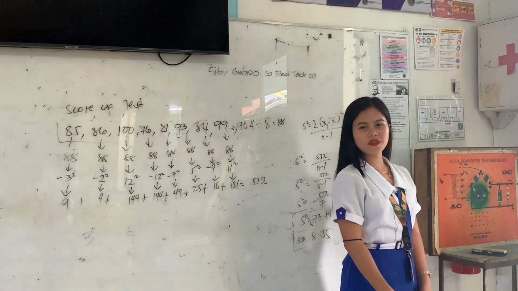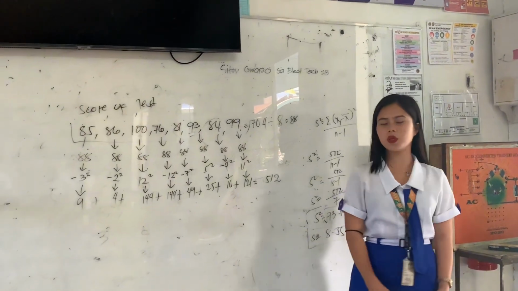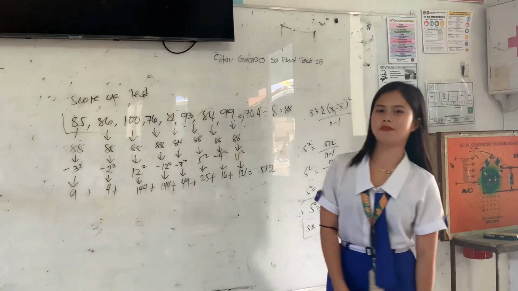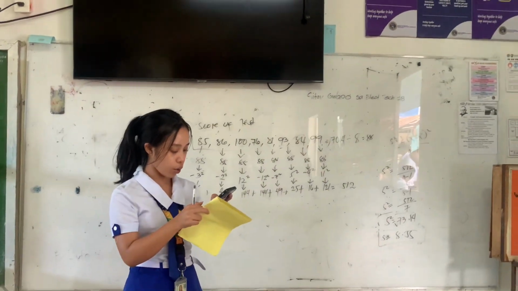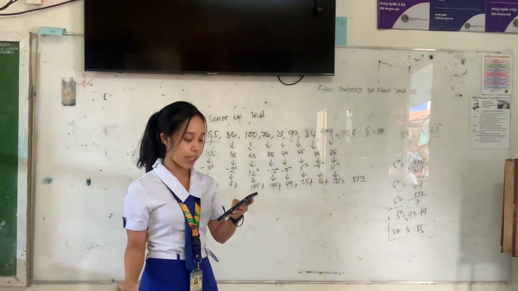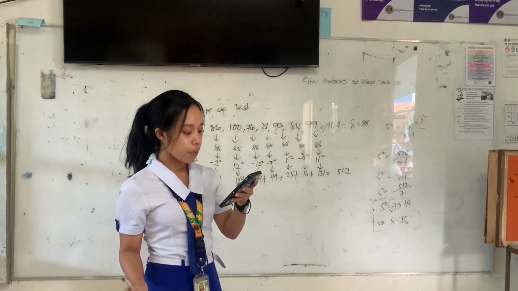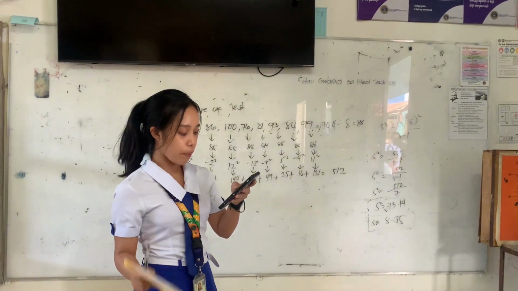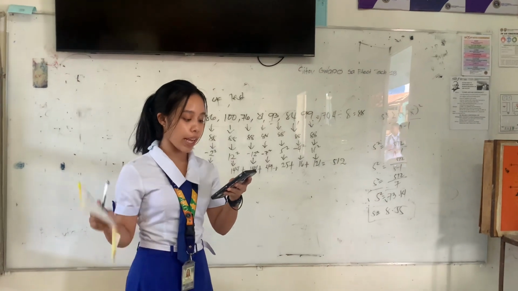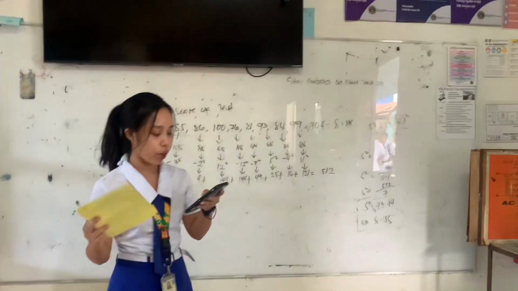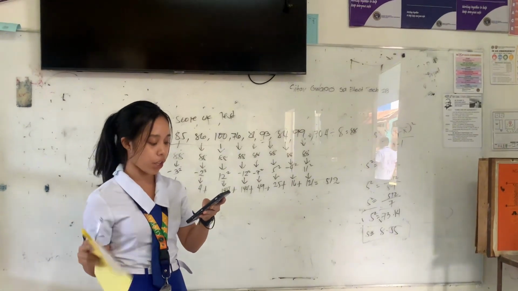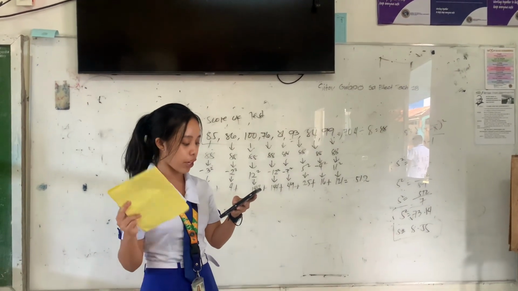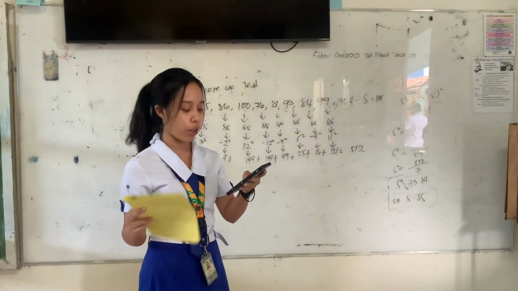The next real-life example in measures of spread will be discussed by Marjorie Lusani. So in real-life situations, measures of spread are crucial for understanding variability. For example, consider a company analyzing the salaries of its employees. If the salaries have a large spread or high standard deviation, it indicates significant variability in wages among employees.